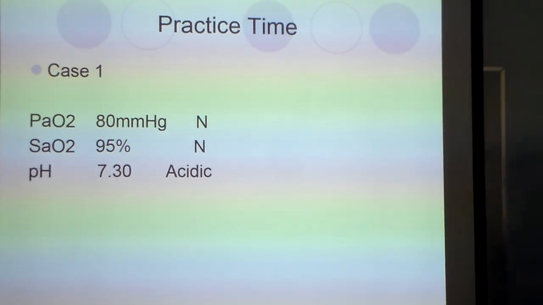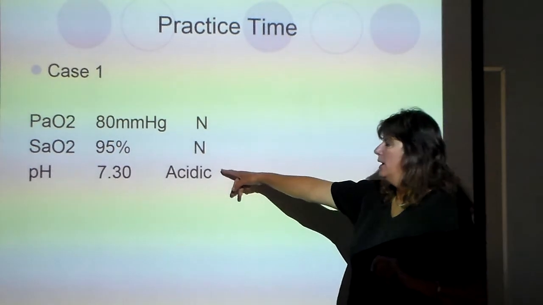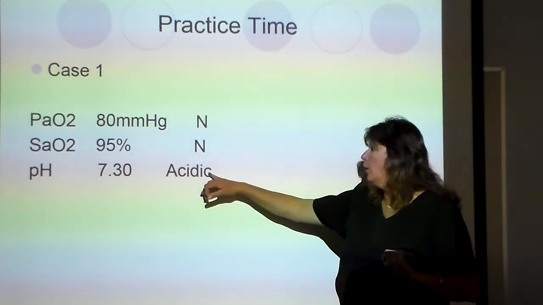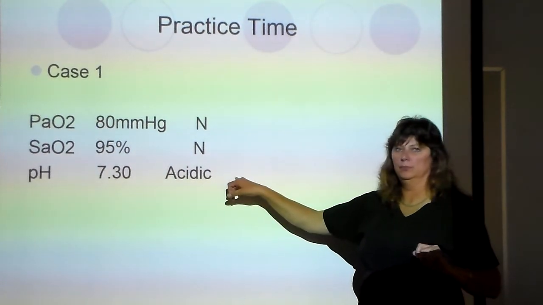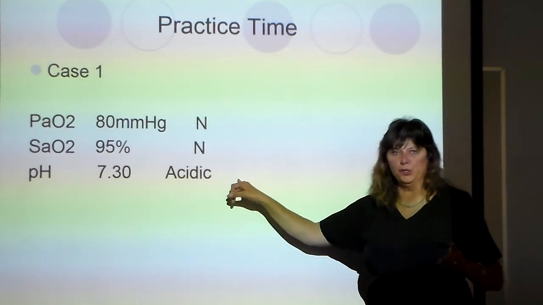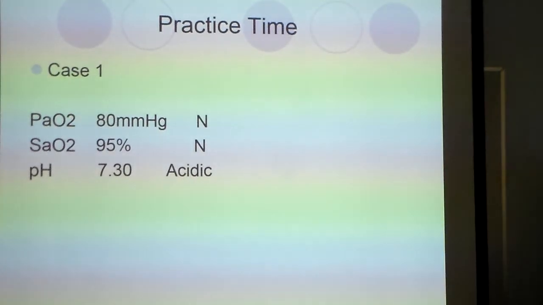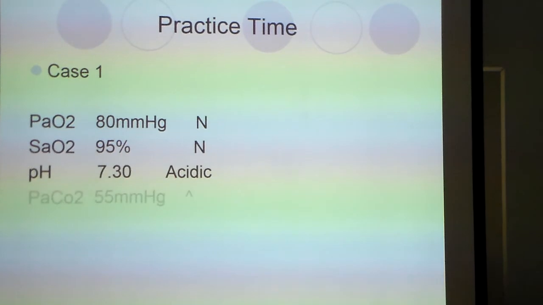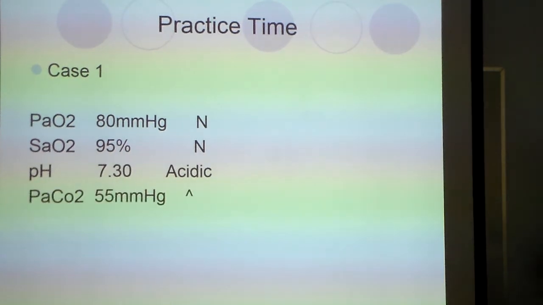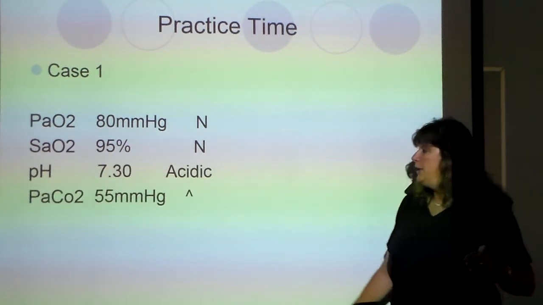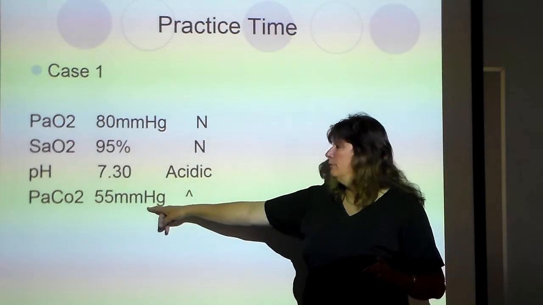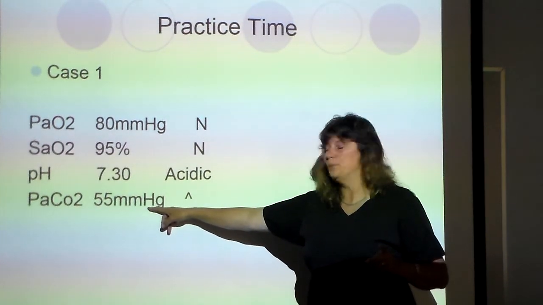Uh-oh, this pH is acidotic. So with that, our arrow pointing down, we know that this is acidosis. All right, it's below the 7.35. Next, we look at PCO2. Our PCO2 is above the norm, okay?